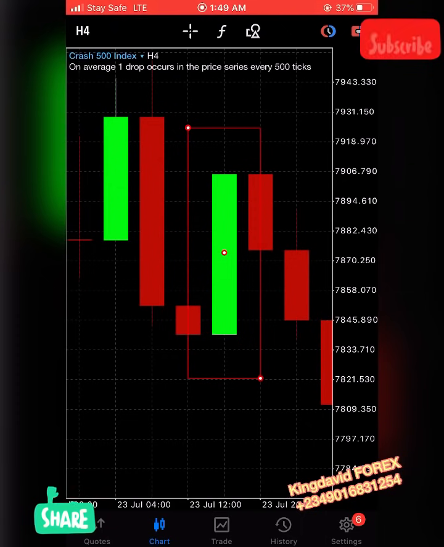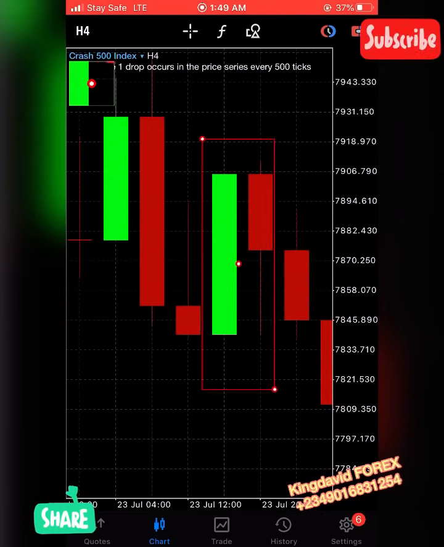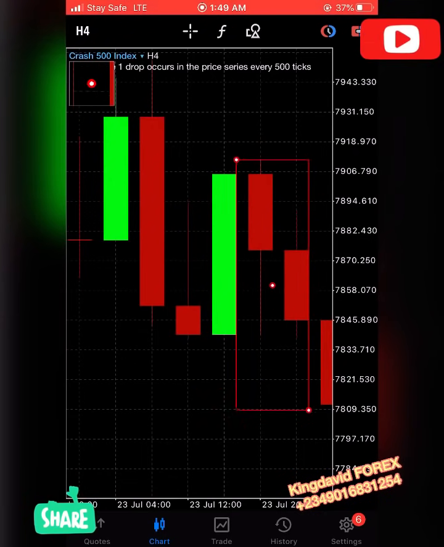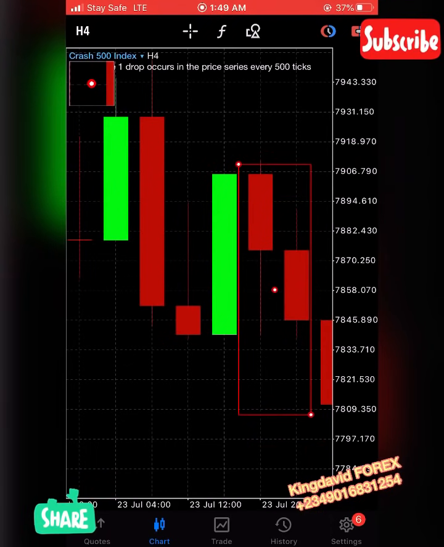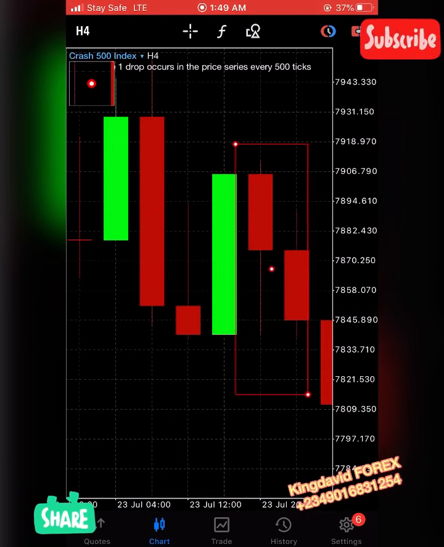Most times, once I see this candle, my next action is to place a sell trade on Crash 500 or Crash 1000. I place my sell, and in just a single hour in the market, I'm able to accumulate what I cannot get in 1 month using strategies.